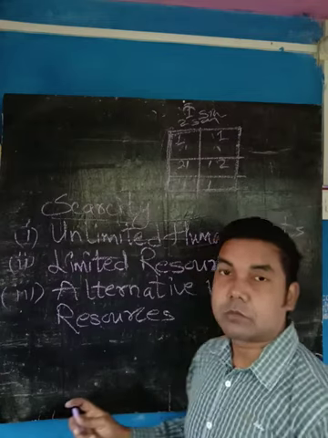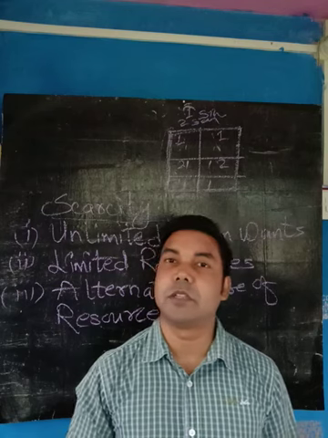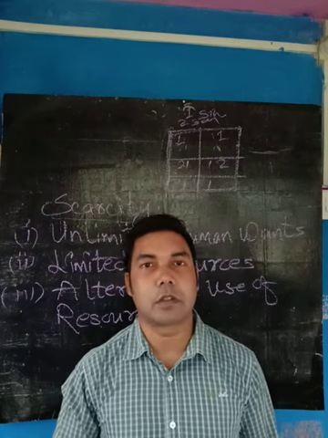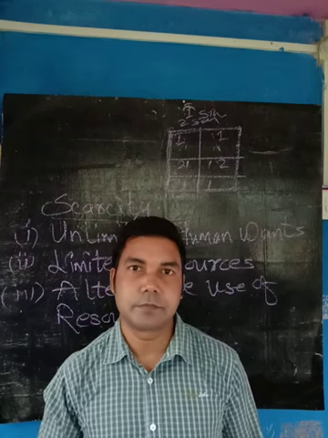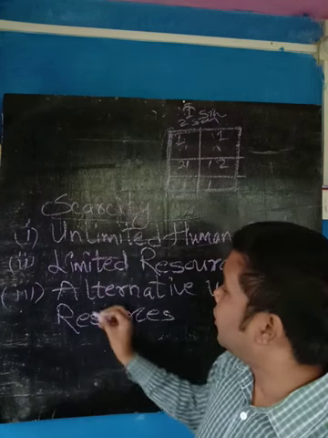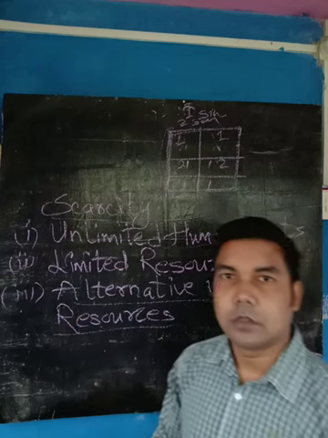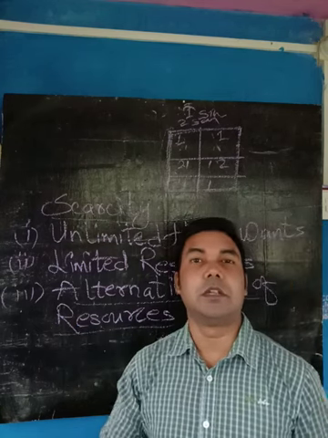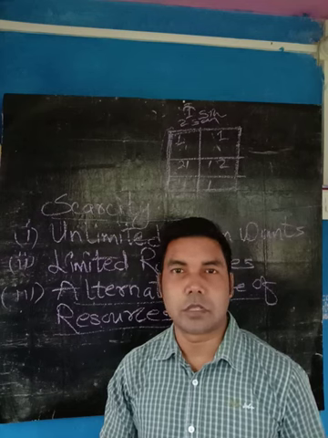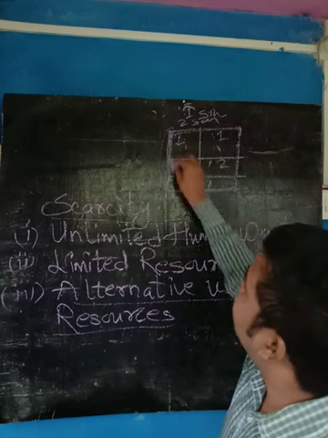Okay. So now what is the solution? What is the solution for this? You have to search for any alternative. So it is better we search for alternative use of resources. Take this example.